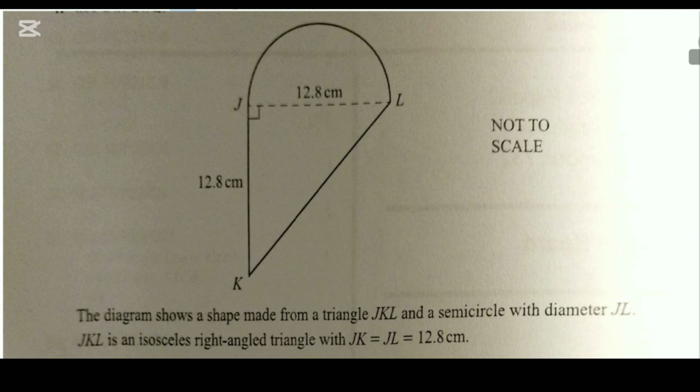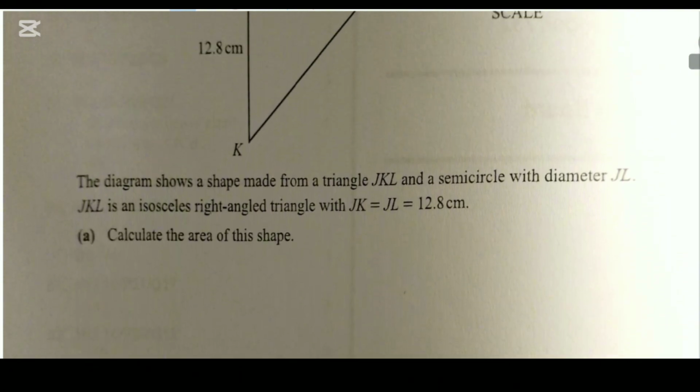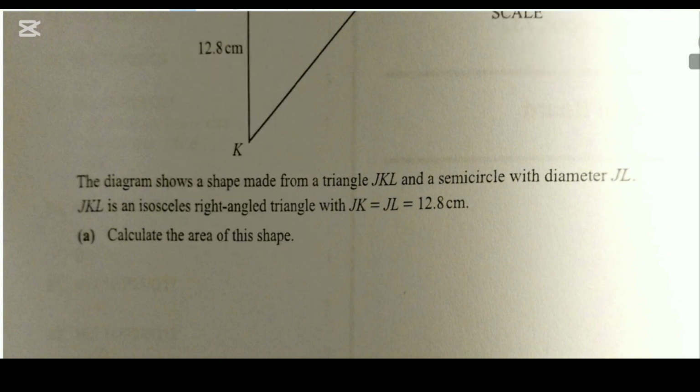Area of triangle plus area of semicircle. So there are two shapes here, so how do we have to find the area? Area will be equal to area of triangle plus area of semicircle.